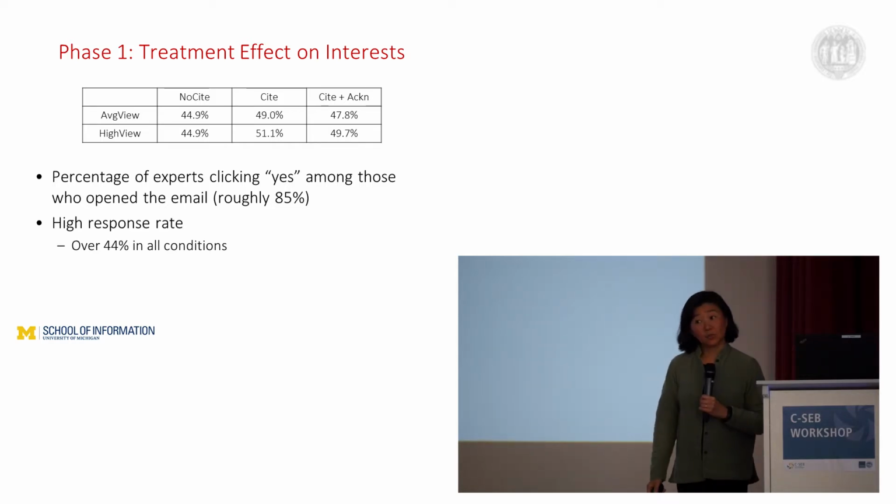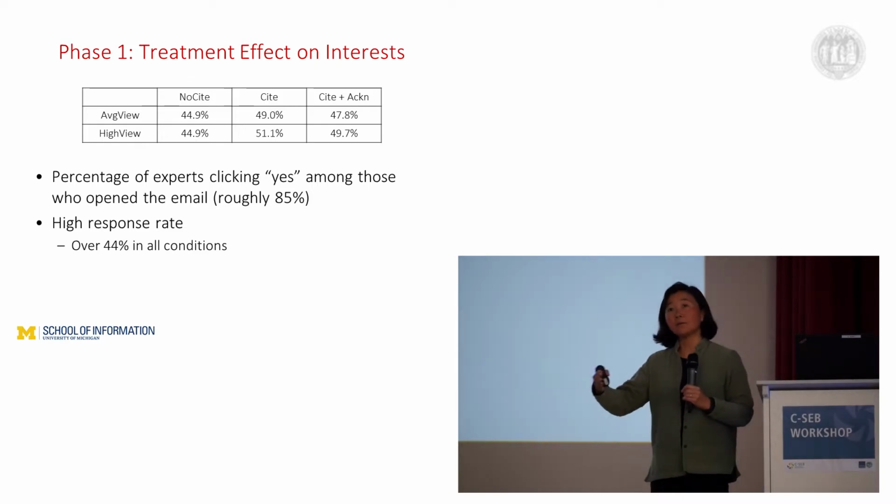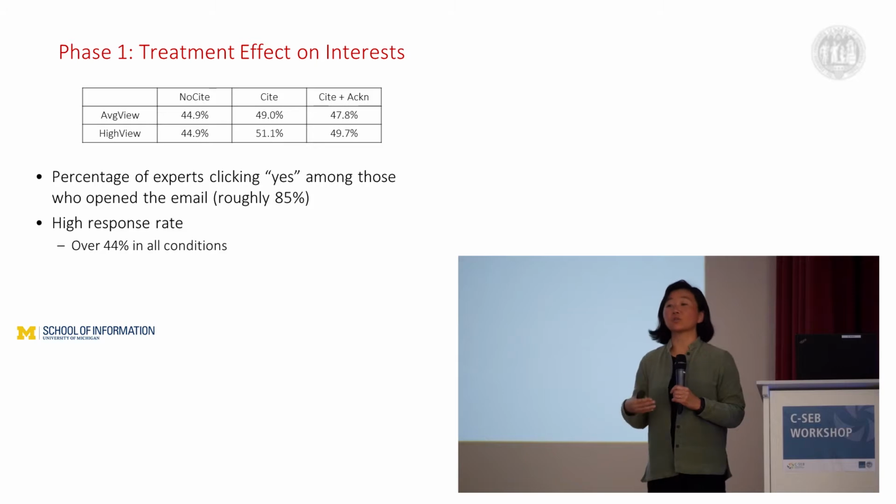The reason it is striking is because my colleagues Bob Kraut and Rosta Farzan did a field experiment among psychologists, and they did not do this matching of expertise. They sent out an email telling the psychologists, in the name of the American Psychological Association, that the Wikipedia article is really important and that they should contribute, since they're the experts.